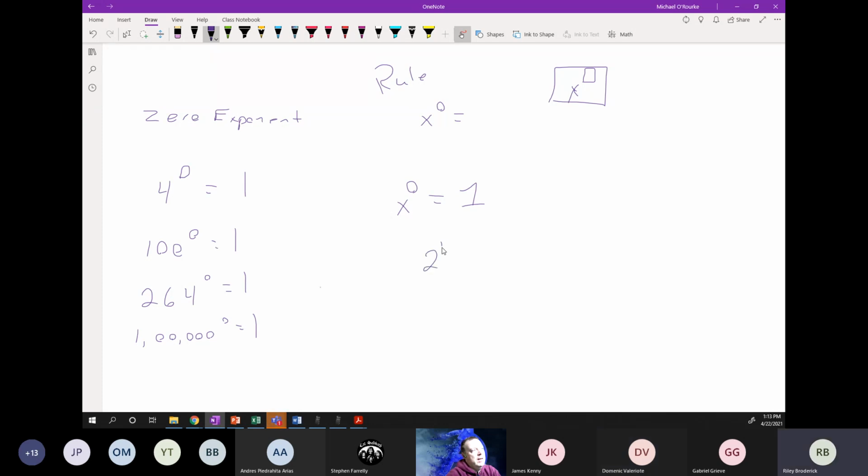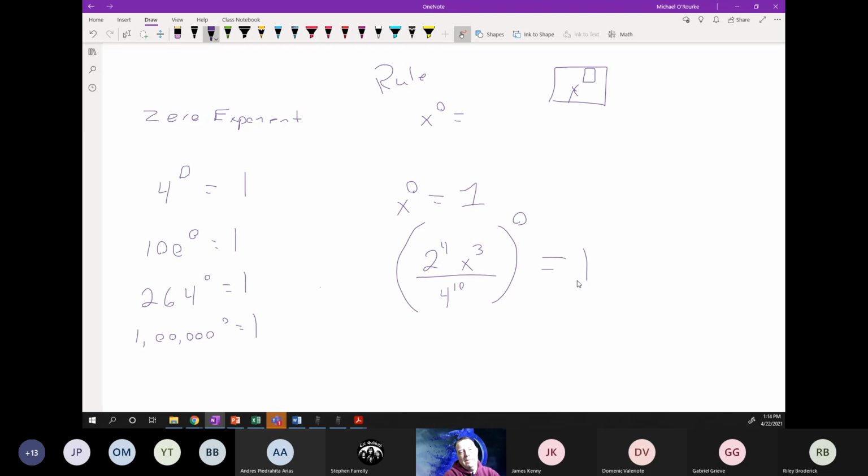Oh, I could even write this. What's that going to equal? That whole thing is to the power of 0. So anything to the power of 0 equals 1.